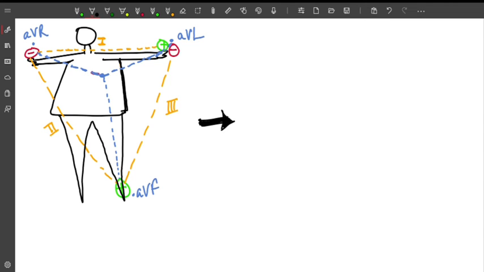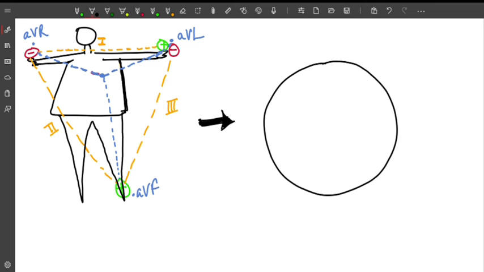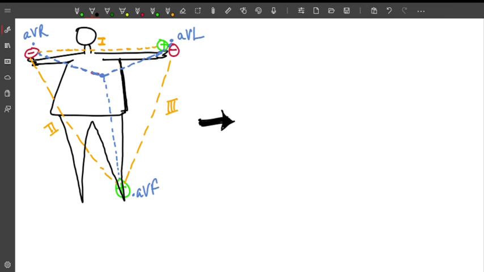So we will represent it in a 360-degree circle. The cardiac axis is represented in a 360-degree circle. So first use this lead 1 and AVF. Why? Because they will be used to represent your X and Y axis.